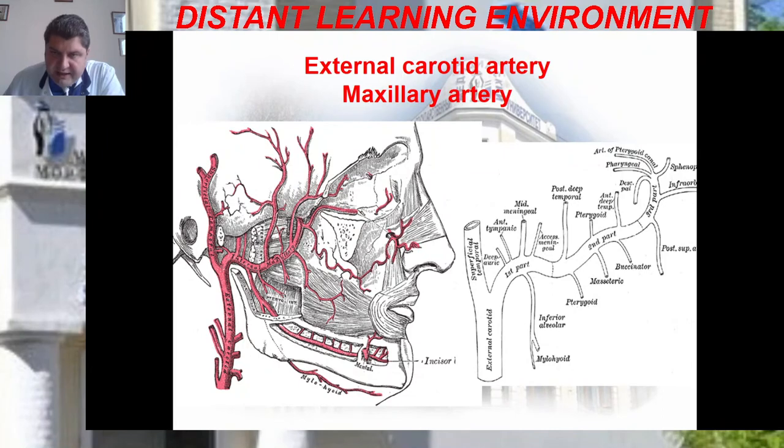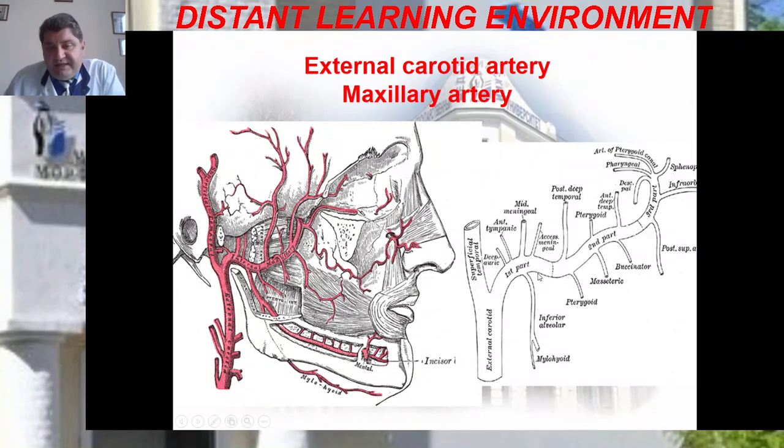The next branch is the middle meningeal branch, which passes through the spinous foramen of the sphenoid bone to the meninges of the middle cranial fossa. And also you may see the inconstant accessory meningeal branch, which passes through the oval foramen to the middle cranial fossa, to the meninges.